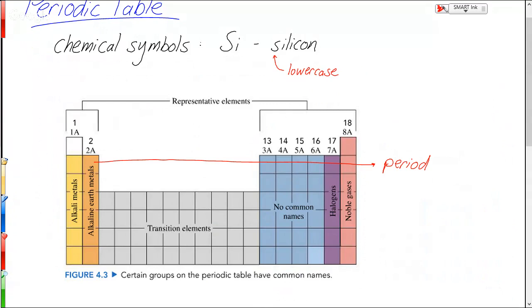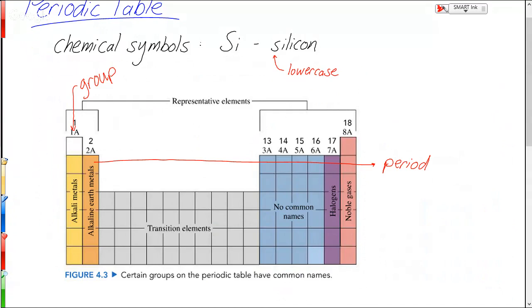Because it is periodic, it means everything in a particular position on the table has some similar properties. So everything in the first column is going to have some similarities. And so we call those a group or sometimes a family. And some of those have special names. The ones on the far left are called the alkali metals.